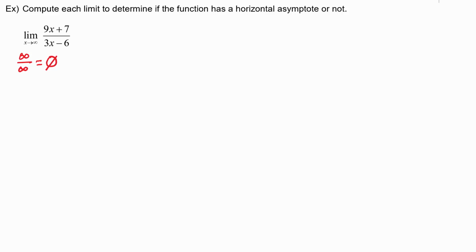Now, the technique for solving limits like this when you get infinity over infinity is to multiply by 1 in the form of, in this case, 1 over x over 1 over x.